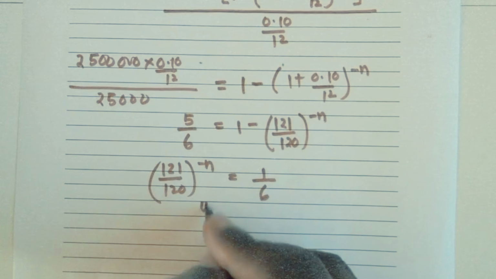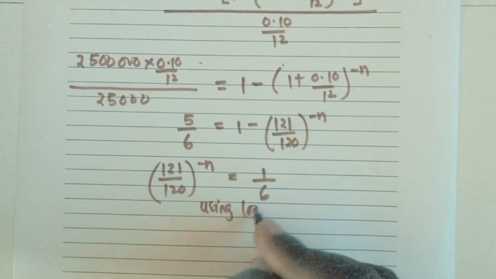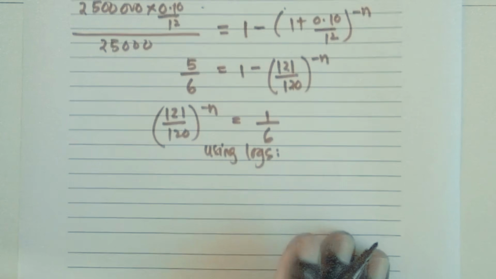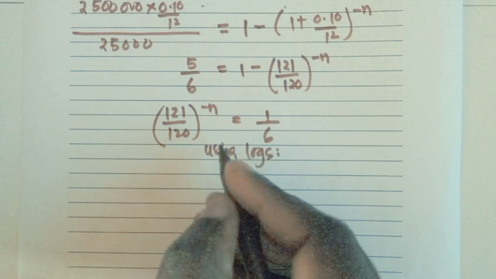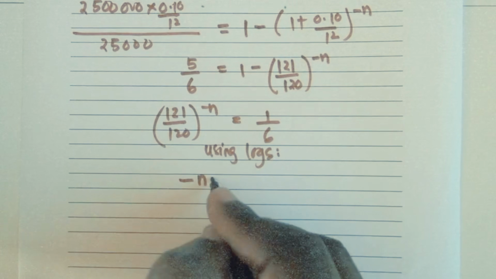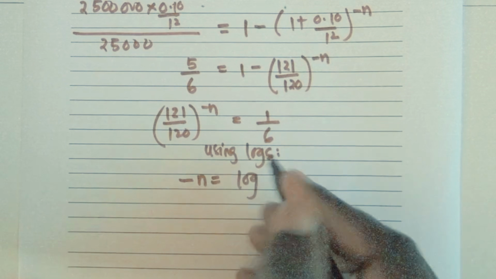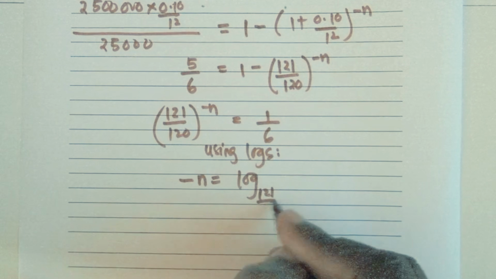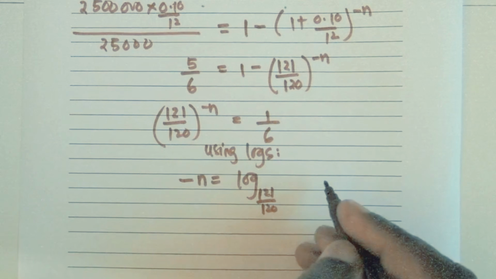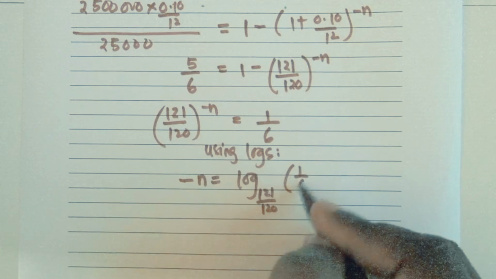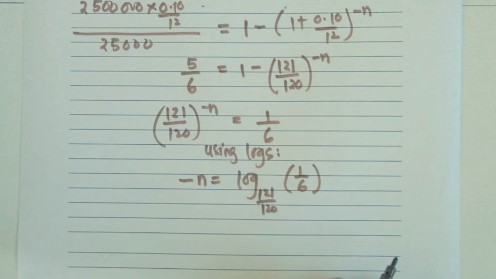Using logs, I can see that my negative n is going to be equal to log base 121 over 120 of 1 over 6.